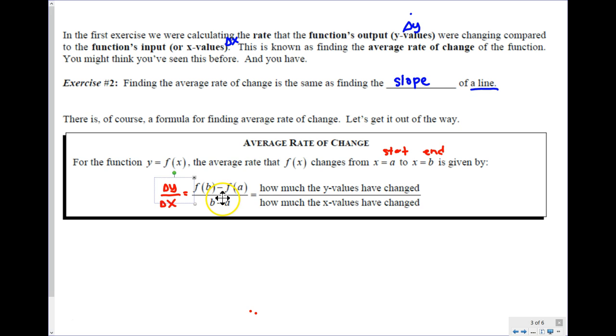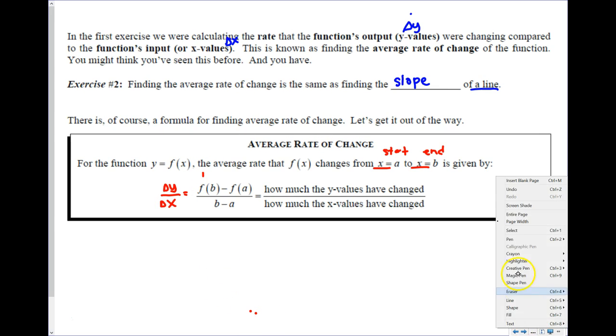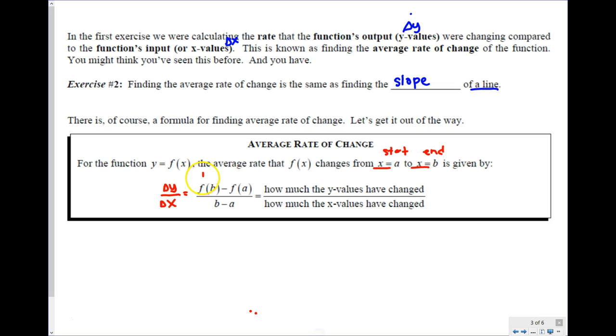And b minus a are like your x values. That's why it says x equals, x equals. So this is like taking your end values and subtracting your start values, the same as we did before. Your end minus your start. Okay, this is an important formula to memorize. All right.